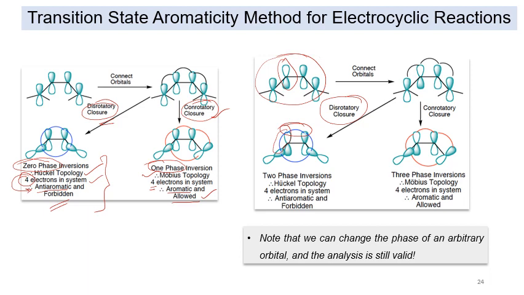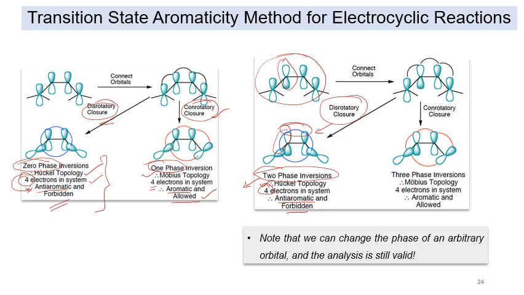So there are two phase inversions here. It's an even number. Therefore, this is a Huckel topology. We know that there are 4 electrons involved. Obviously, this will be anti-aromatic and this will be forbidden. So you can see here, even if we change the phase of any orbital, the analysis will still be valid.